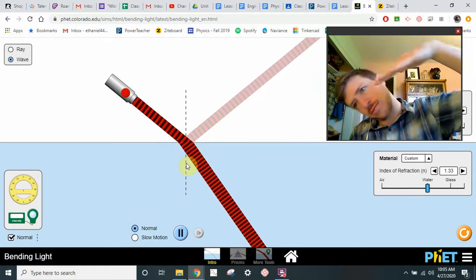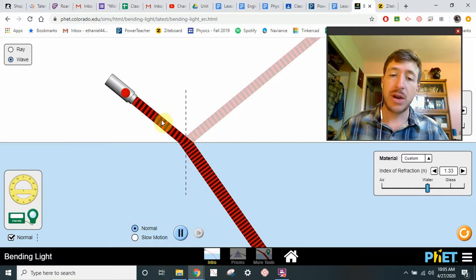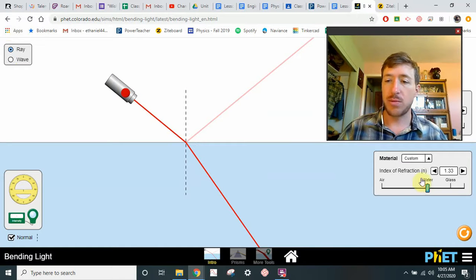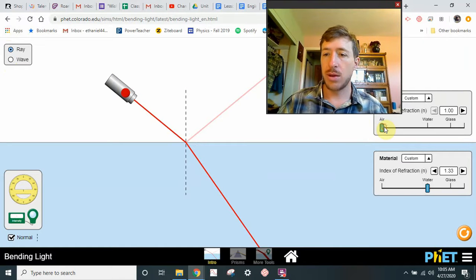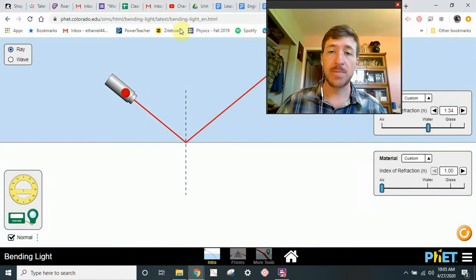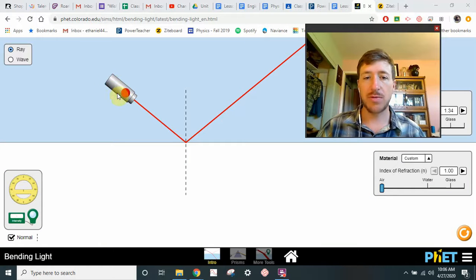Now we could flip this, and go from a slower to a faster material. A couple things happen when we go from slow to fast.